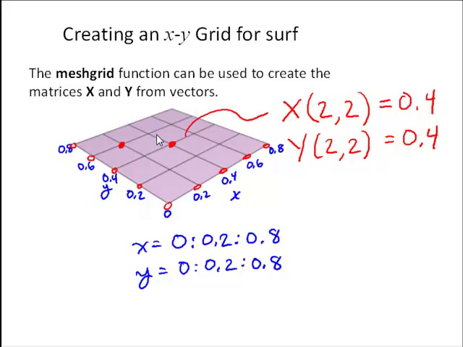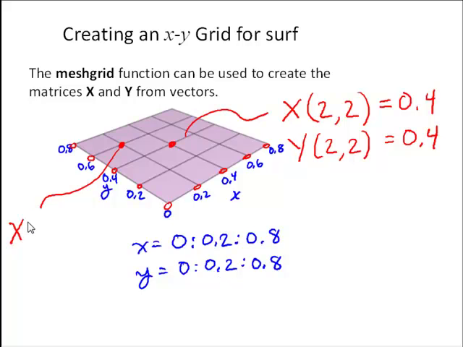To generate that point in the XY grid, we might have x. Now I'm using, by convention, a MATLAB convention, capital letters to represent the matrix analogs to these vector axes.